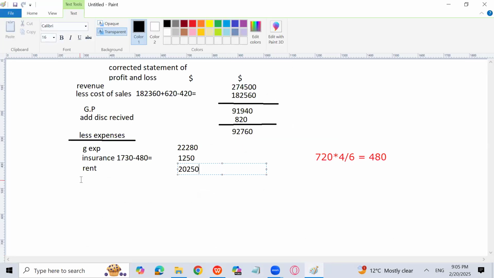So the depreciation on non-current asset is 18,500 plus 400, which becomes 18,900, multiplied by 20%. I will get the amount of depreciation.